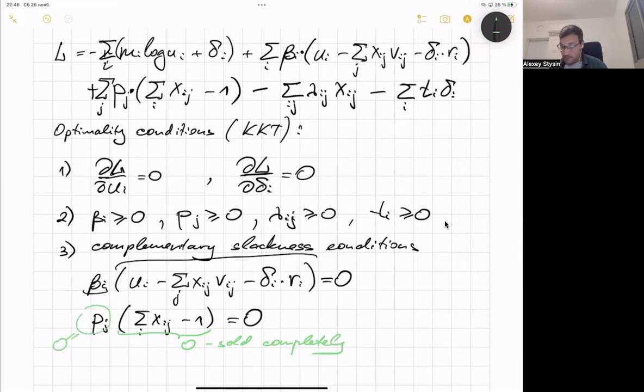So if there is somebody who wants to buy this object, the price will be non-zero and the object will be sold completely. Otherwise, the price of it will be 0.